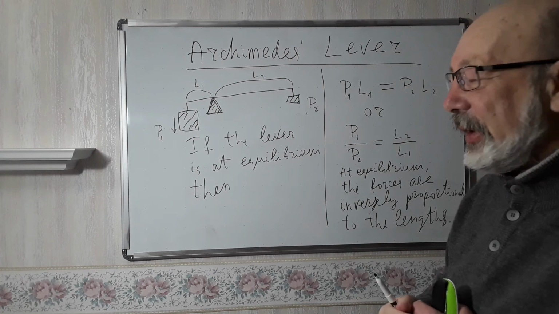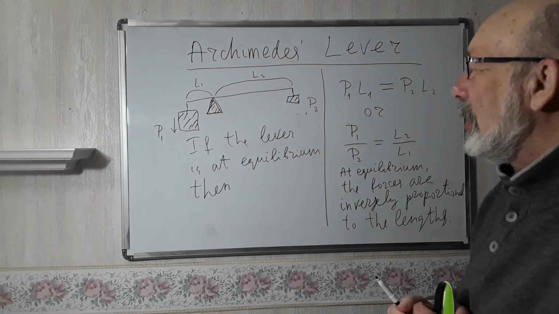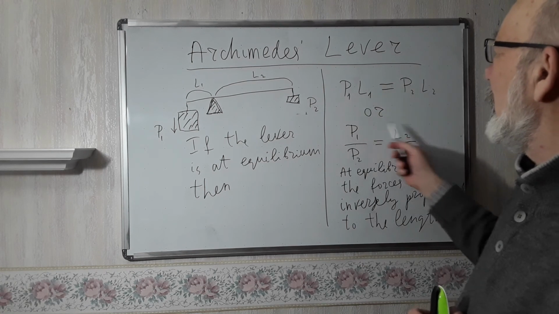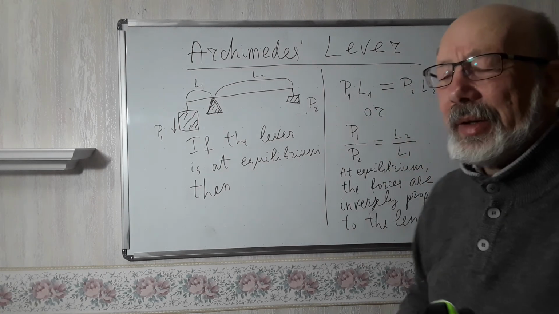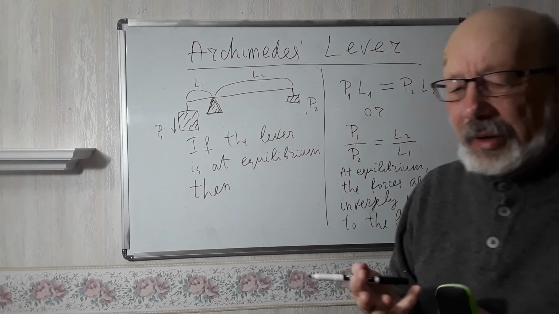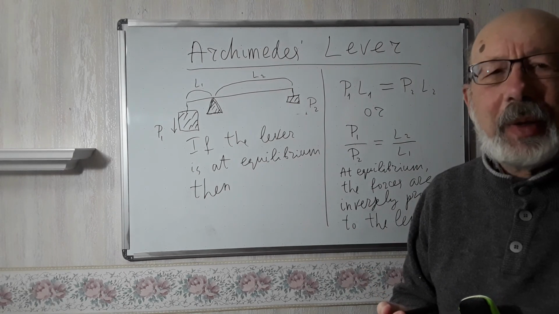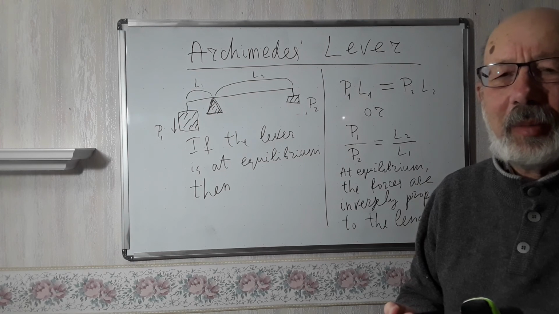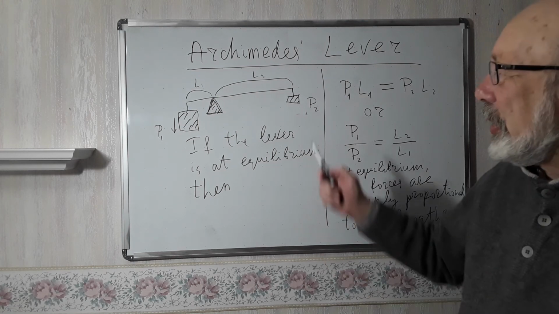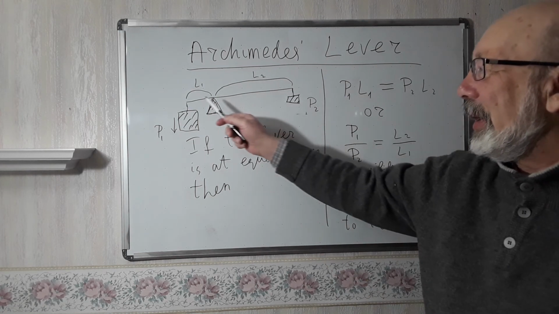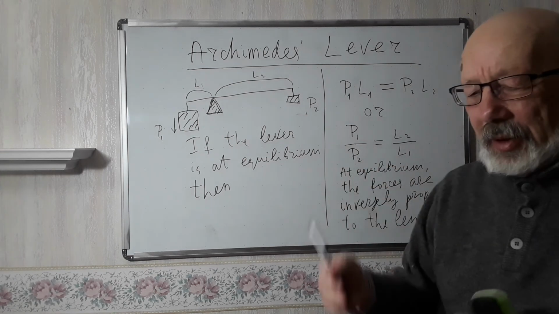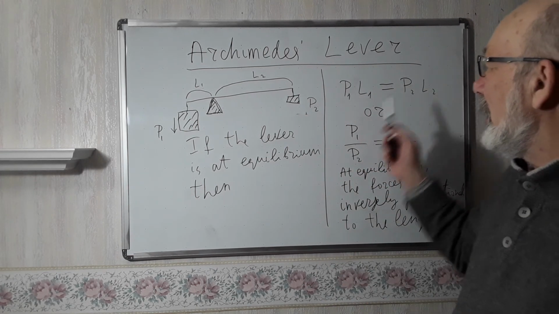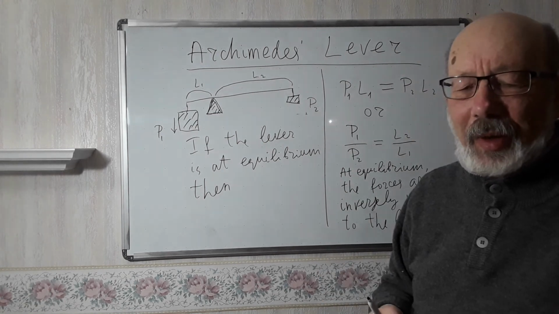So the question is what it is, how to look at this relation. I mean, is it an experimental fact? So somebody like Archimedes himself really measured the forces and the length and found after a number of experiments that this relation holds universally.